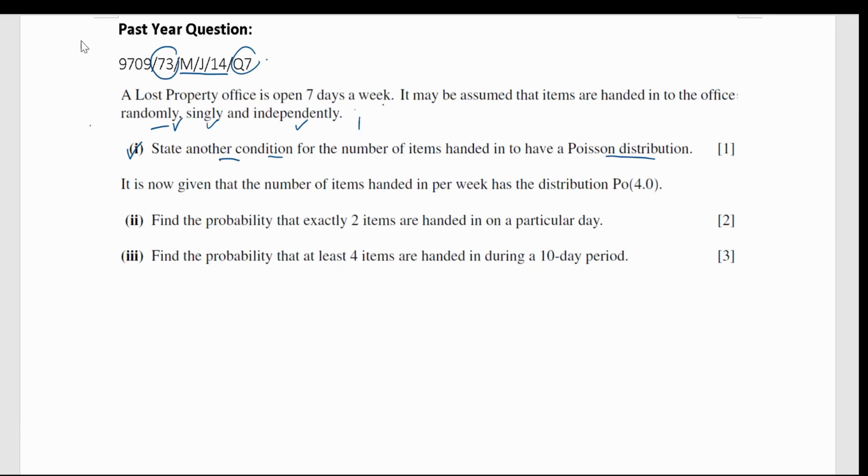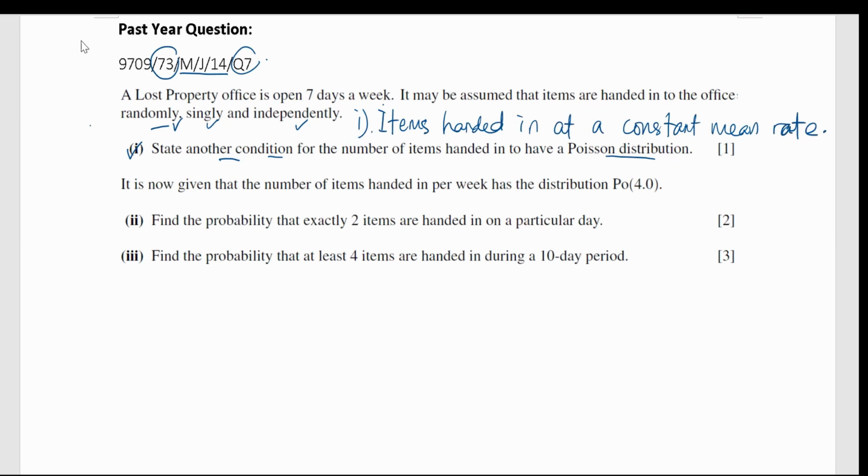To answer part 1, what is the answer? The items are handed in at a constant mean rate.